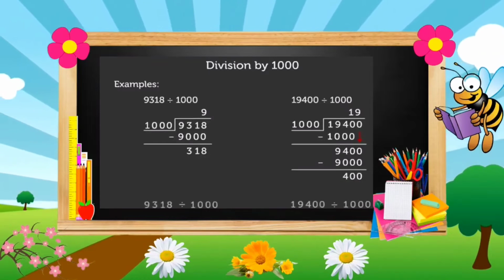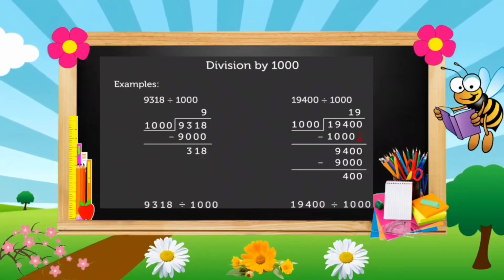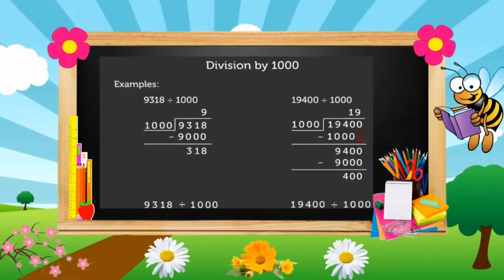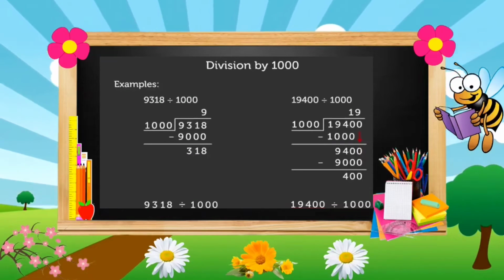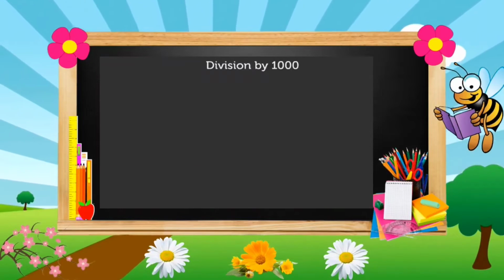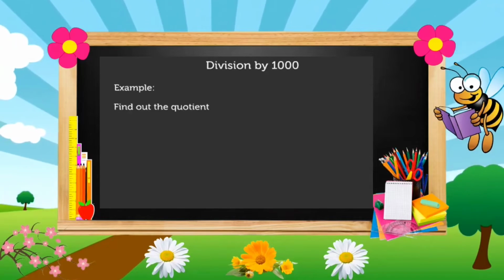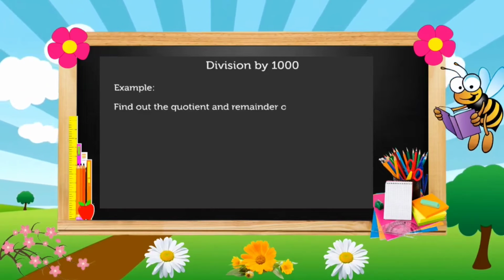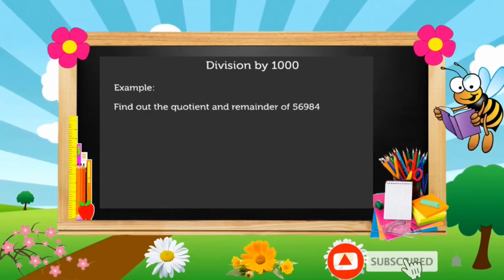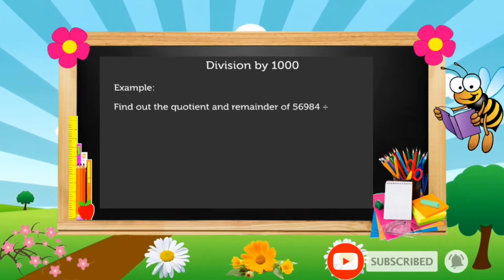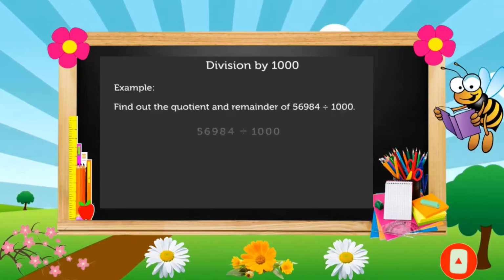Here, when we divided both numbers by 1000, the ones, tens and hundreds digits of the dividend formed the remainder and the remaining digits formed the quotient. Now let us solve one more example without actual division. Find out the quotient and remainder of 56,984 divided by 1000.